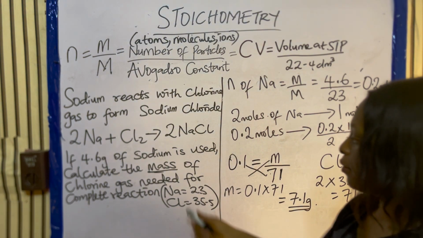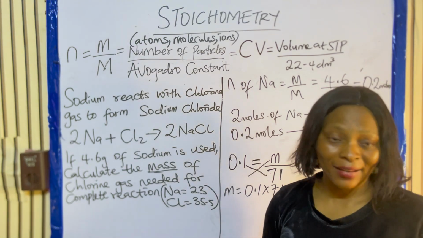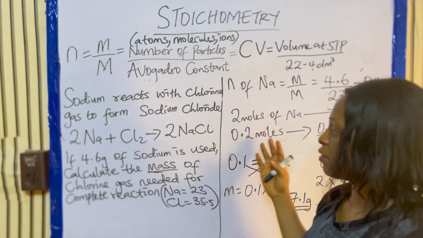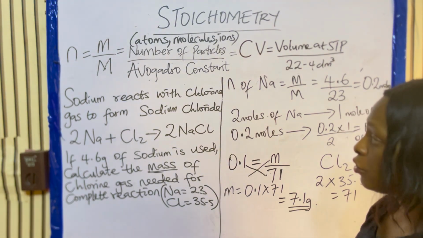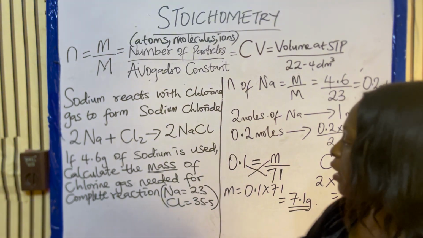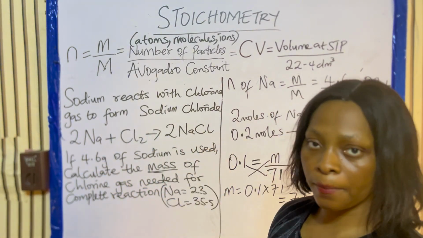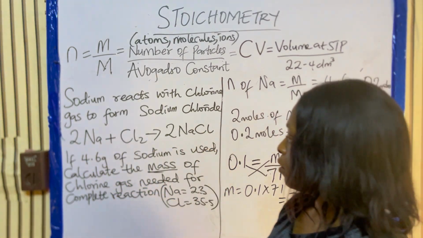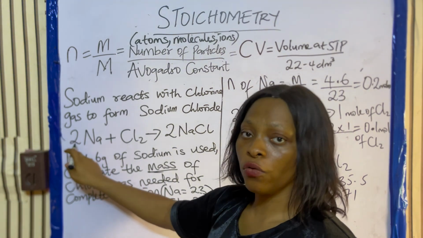of chlorine needed. Okay, again, if you find this process tedious or hard for you, all you need to do is, looking at the equation for the reaction, you can solve it straightforward from here. This is 2 moles of sodium.